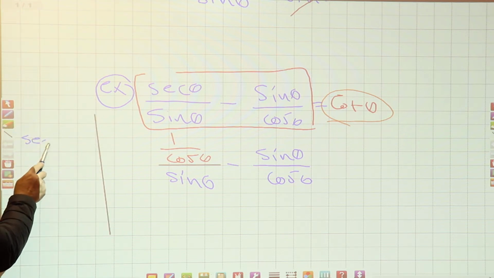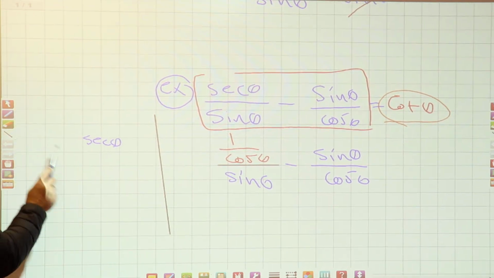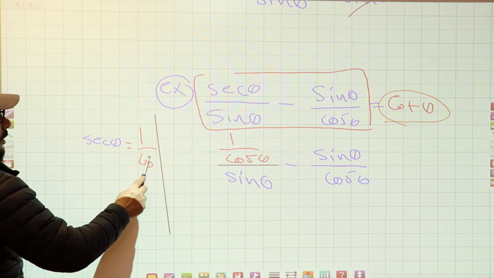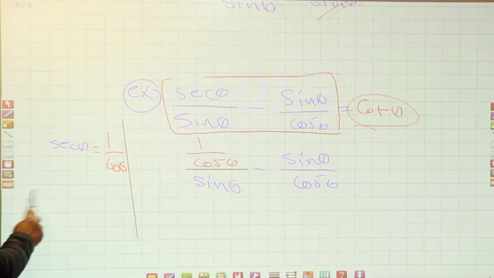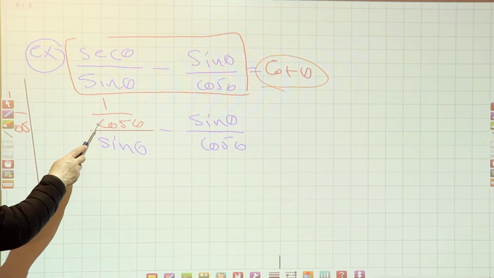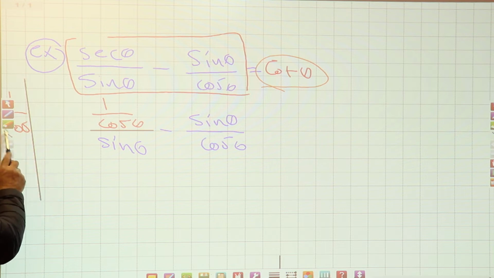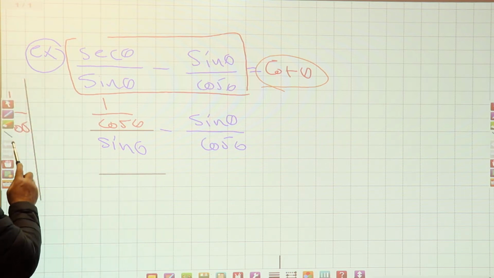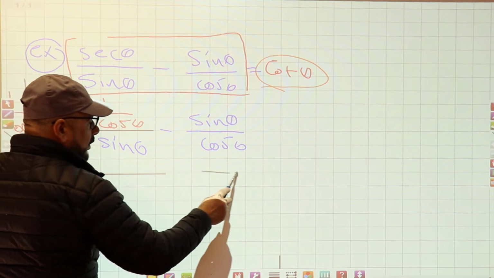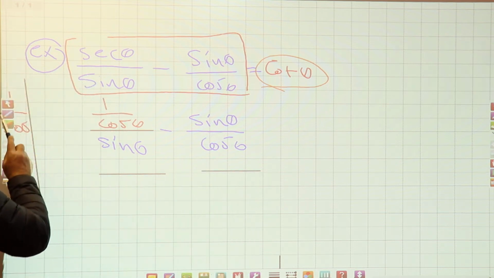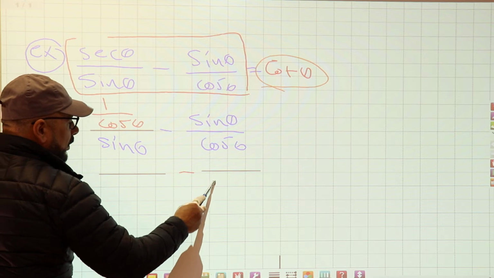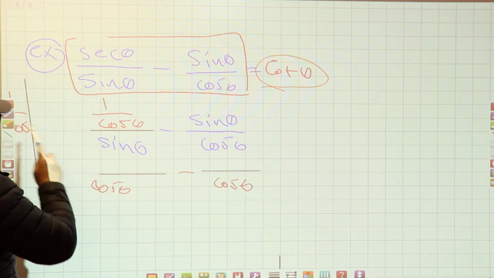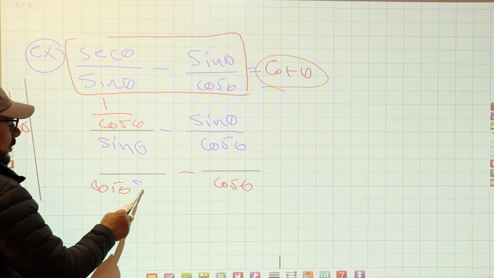Here secant theta equals 1 over cosine. Okay, bring this denominator and this denominator. We can have one denominator, and here another denominator, and in the middle minus, and here cosine theta, and here cosine theta and sine theta.